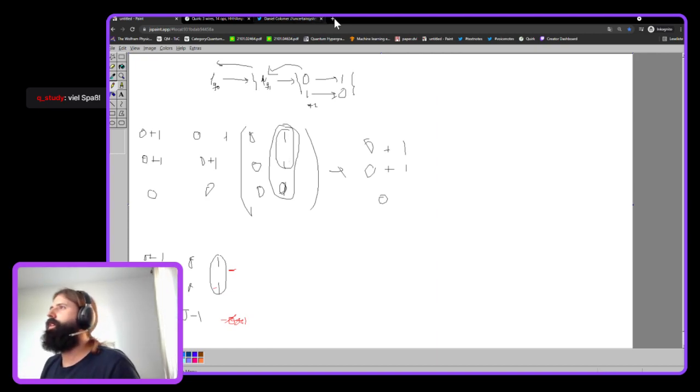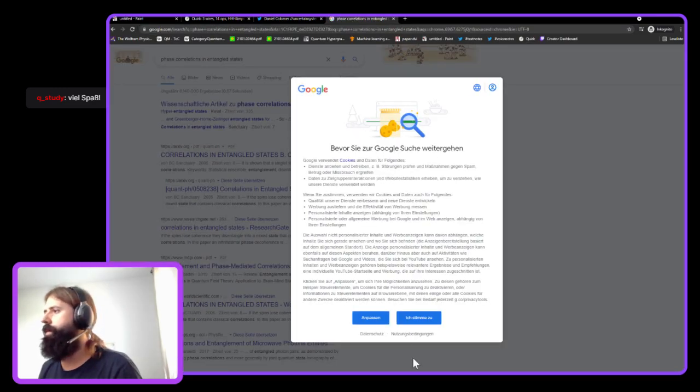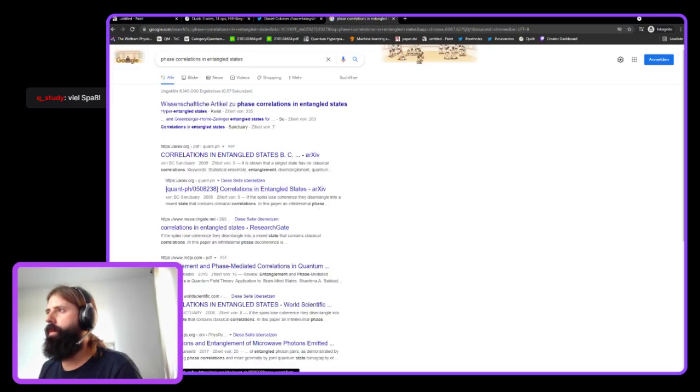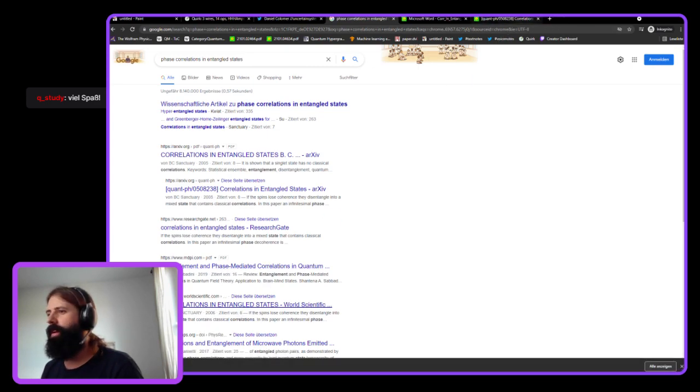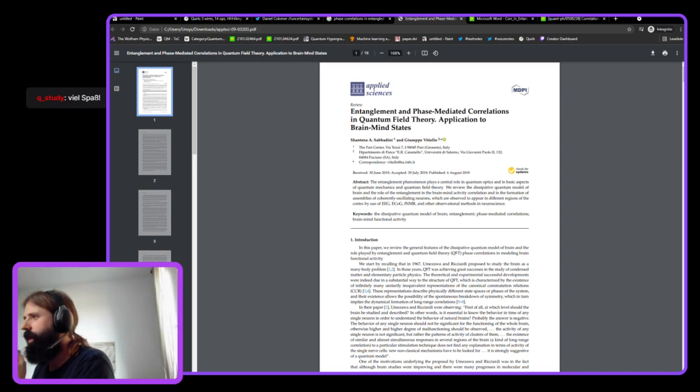Is that a thing? Phase mediated correlations. That is a thing. I've learned something new. Or not. Let's see. Phase mediated correlations, in quantum field theory, whatever.